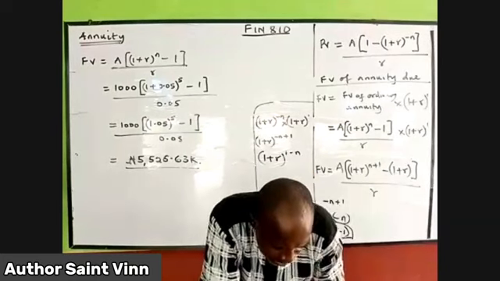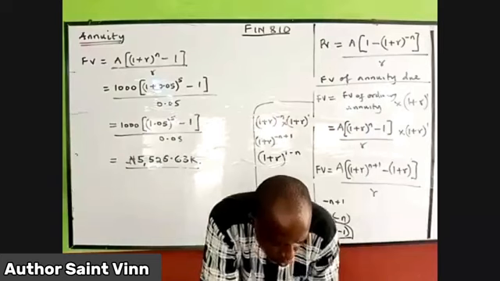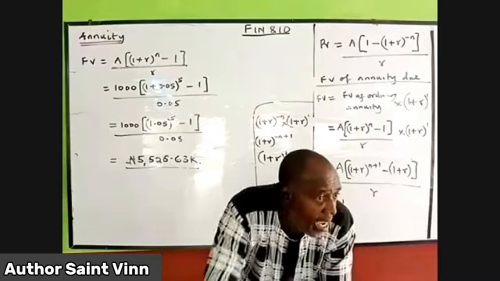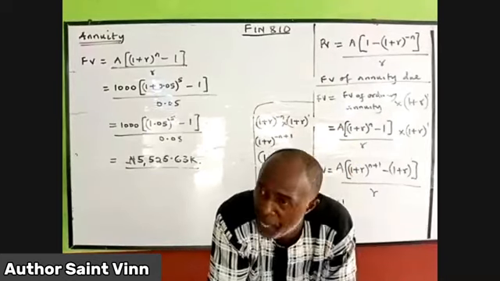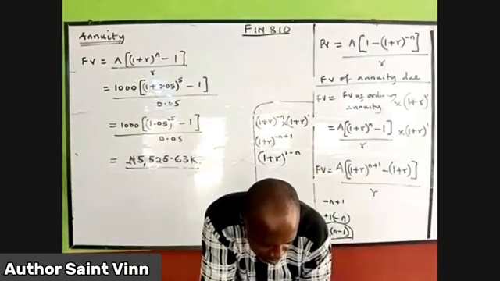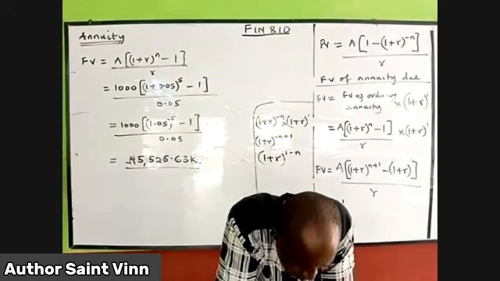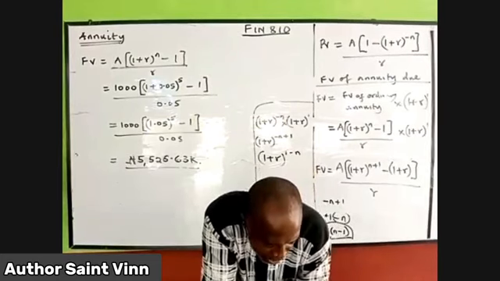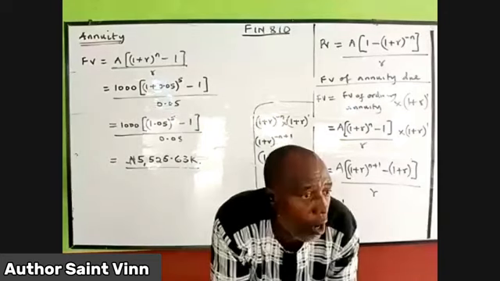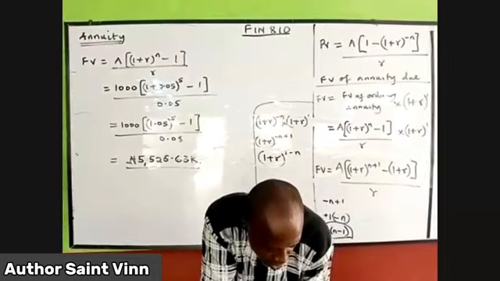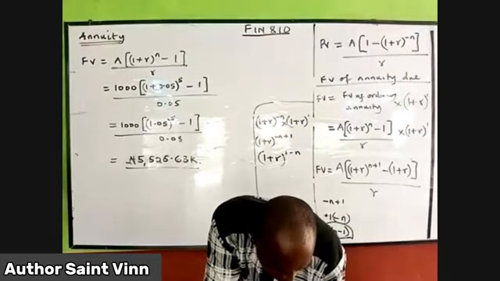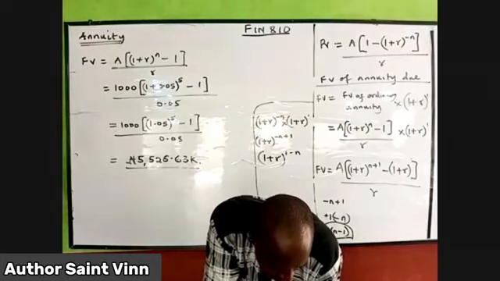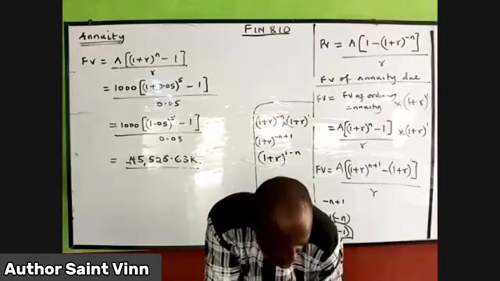Consider a 5-payment annuity, with payments of 500 naira at the end of each of the next 5 years.